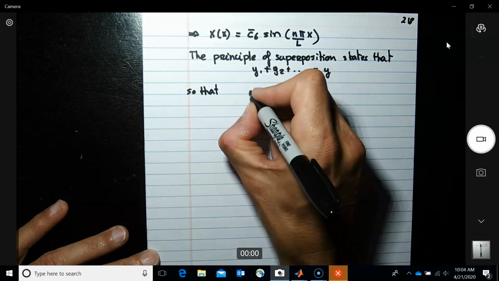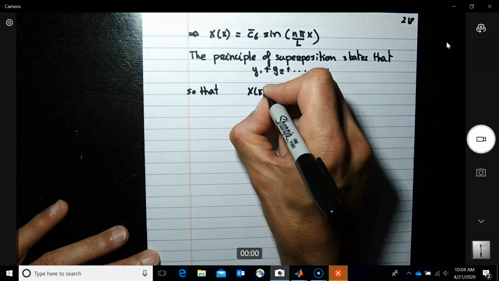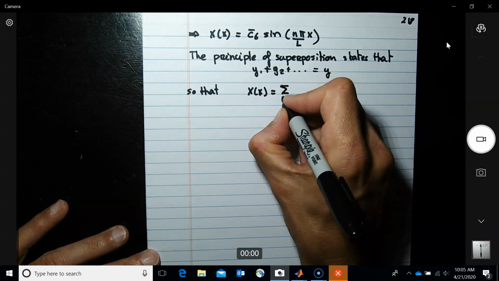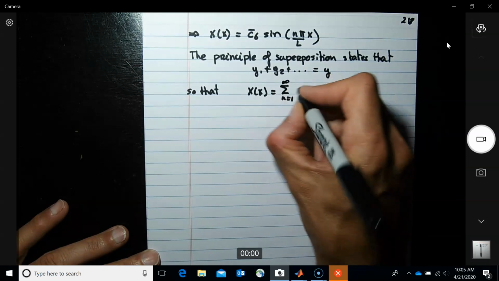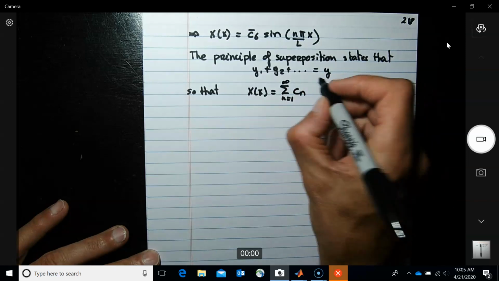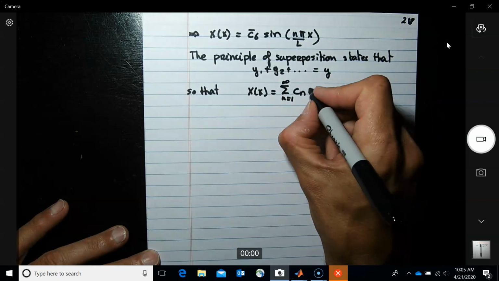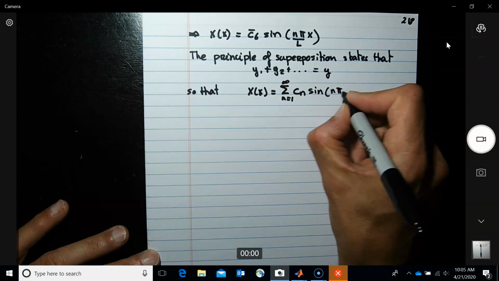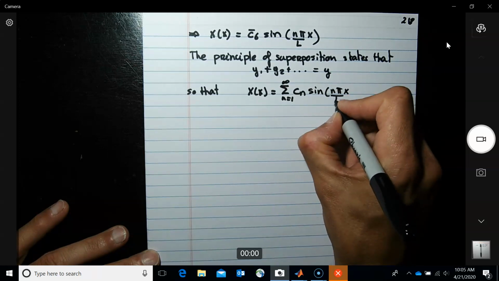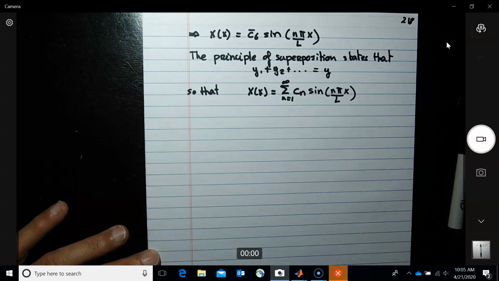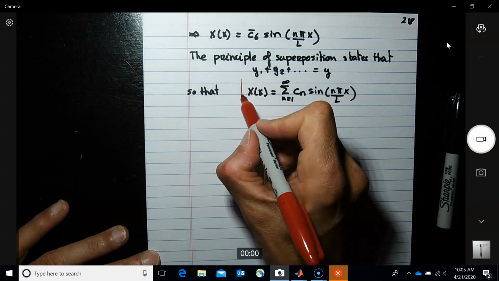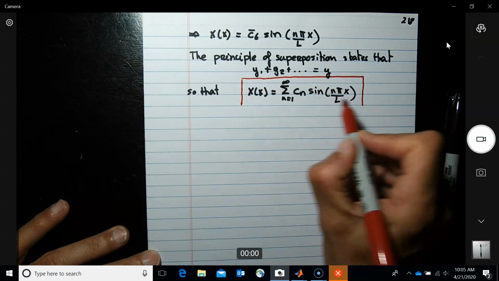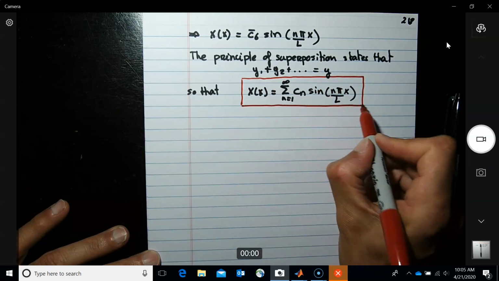So we could rewrite this solution X of x as the summation from 1 to infinity of C sub n sine n pi x over L. So here we go.